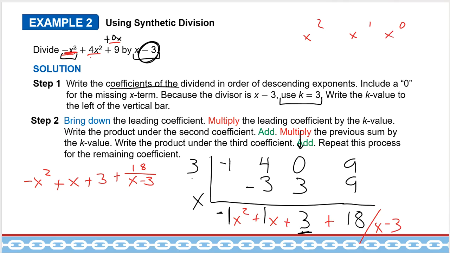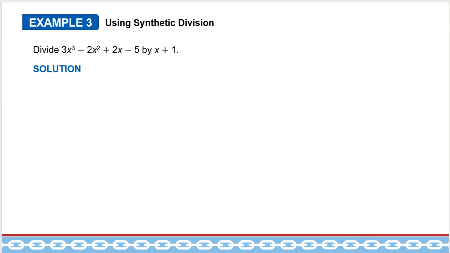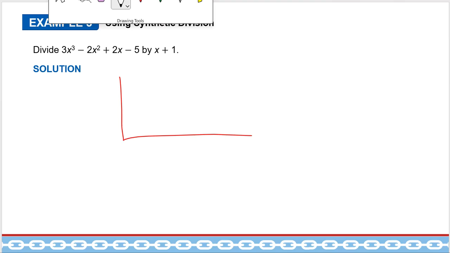Let's do another one. Right? Set up your upside down division sign. My coefficients, I need to make sure that I have all my terms. Right? 3, 2, 1 constant, so I don't have to fill in any zeros.